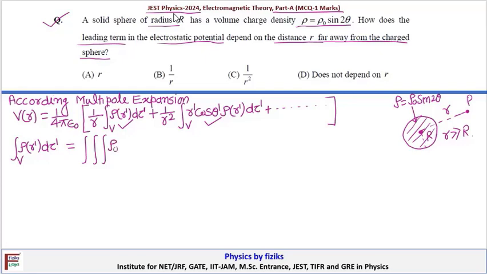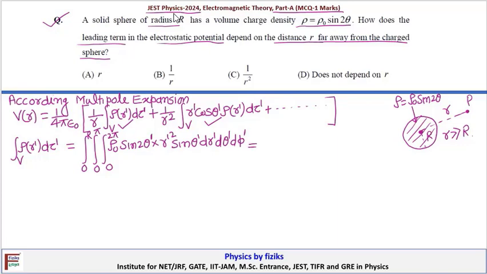Rho is given as rho naught sine of 2 theta dash, again dash for source charge, and d tau is r dash square sine theta dash dr dash d theta dash d phi dash, where r dash varies from 0 to capital R, theta dash from 0 to pi, and phi dash from 0 to 2 pi.